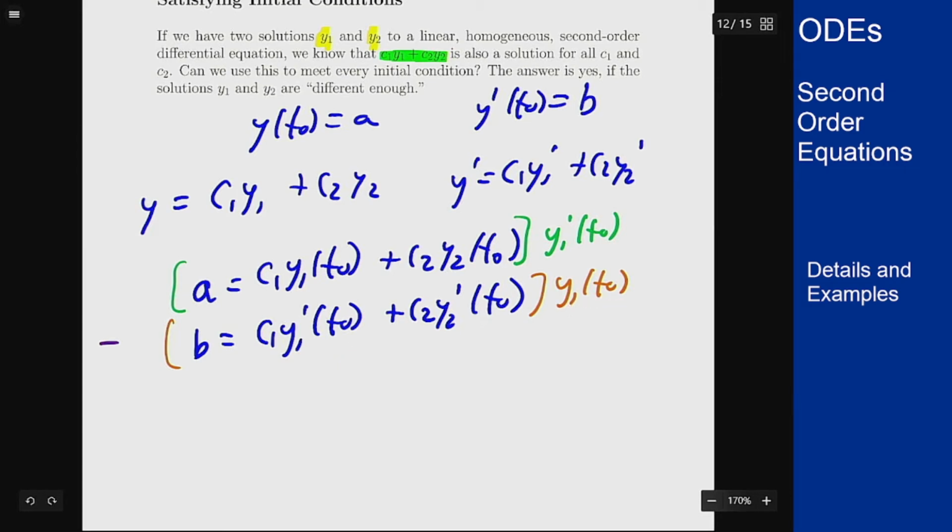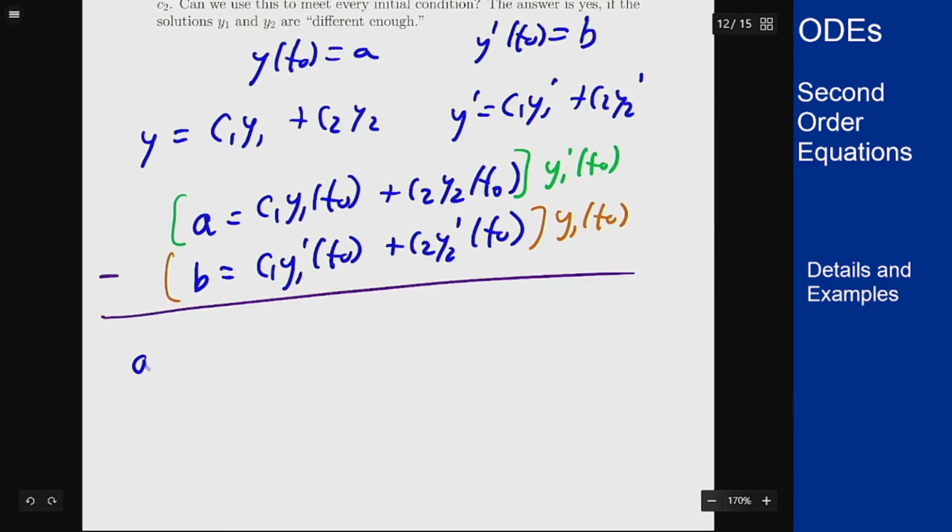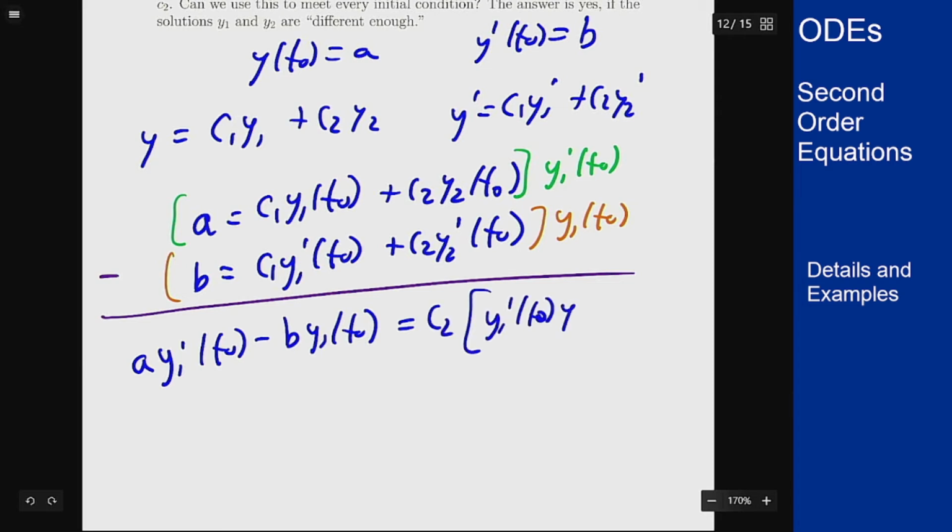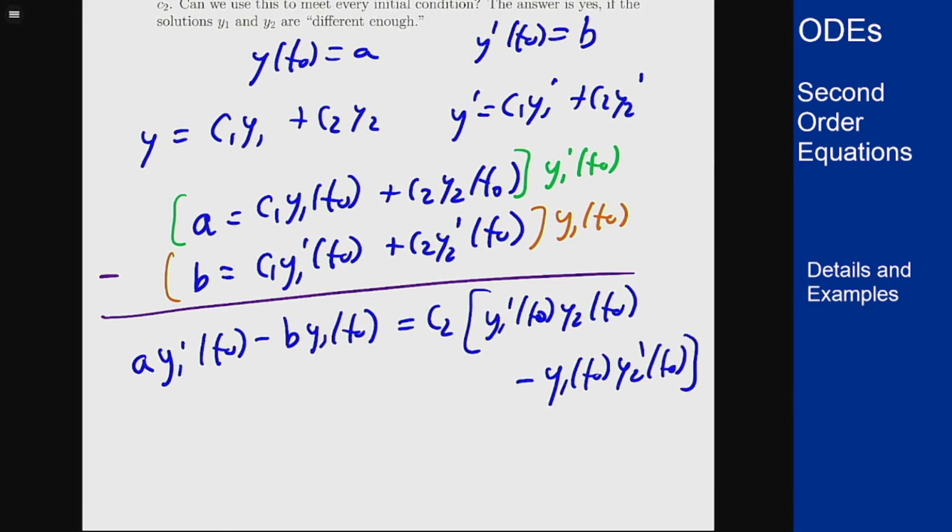So those will cancel out, leaving me with a y1 prime at t0 minus b y1 at t0 equals c2 times y1 prime at t0 y2 at t0 minus y1 at t0 y2 prime at t0. And then I can solve for c2.